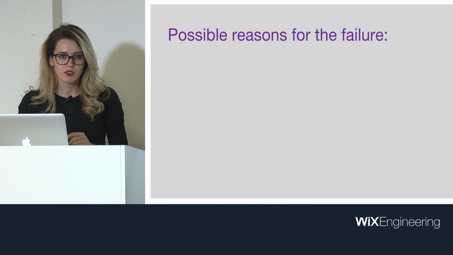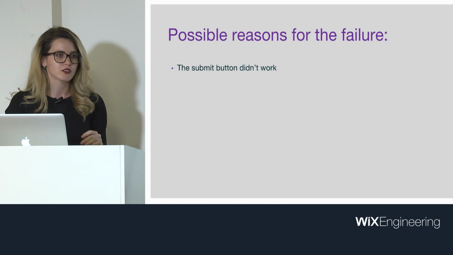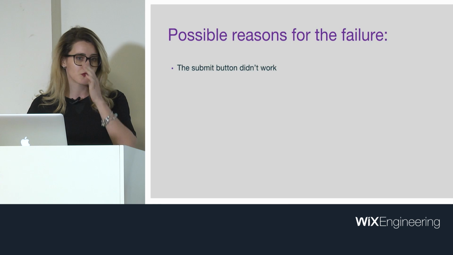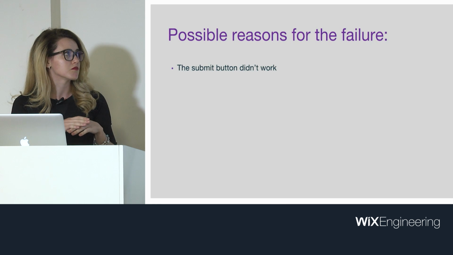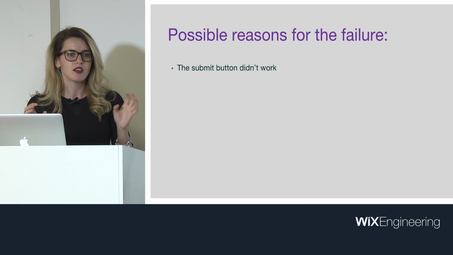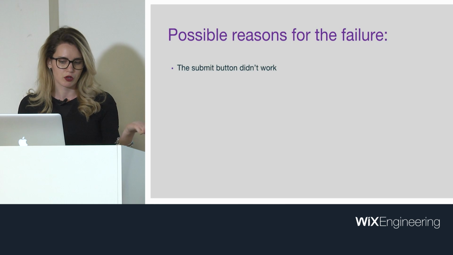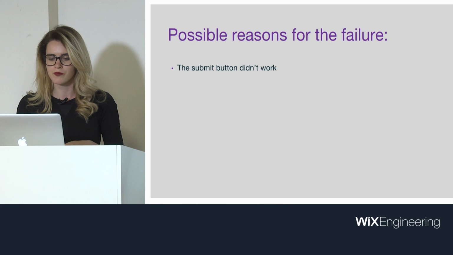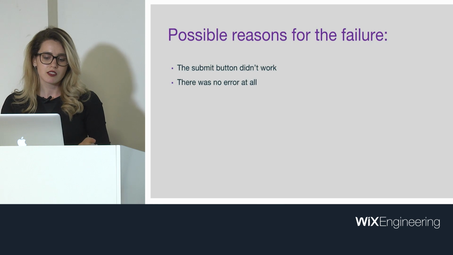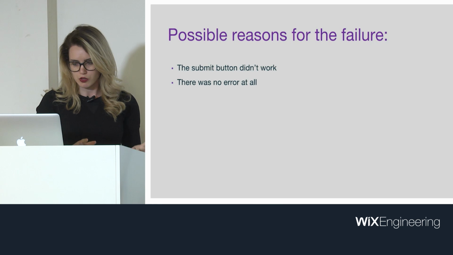Possible reasons for failure: the submit button didn't work. If the submit button didn't work, there wasn't any error, there wasn't any red border, and of course no tooltip, because the button just didn't work. Another reason: there was no error at all.